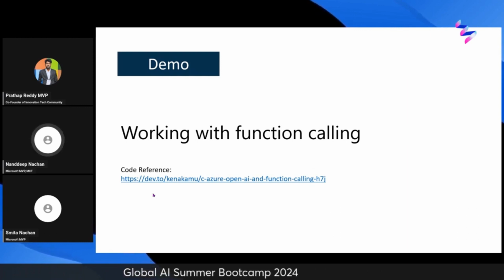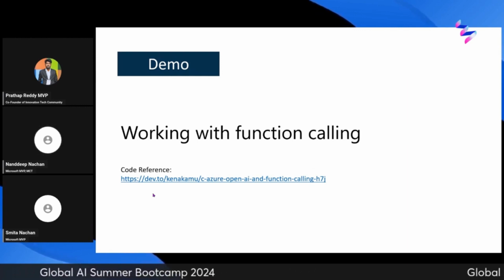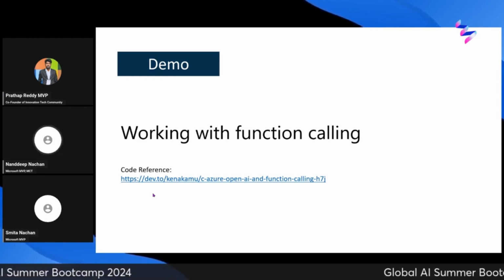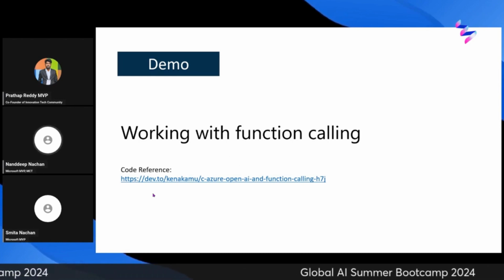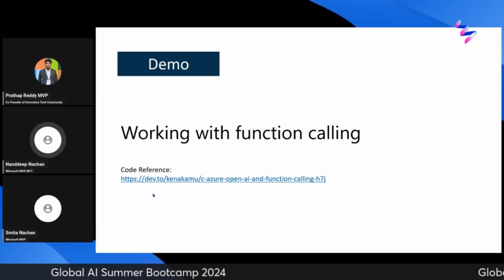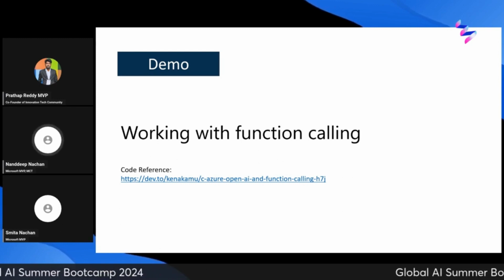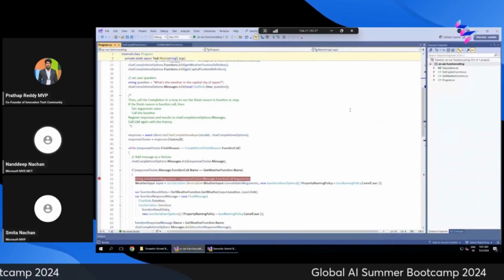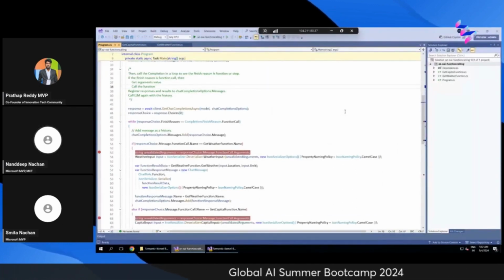So we want to give the LLM the capability to know there is a function somewhere that it can call, bring the information, and give it back to the user. Even though it has not been trained on the latest data, it can still call those functions and move forward.